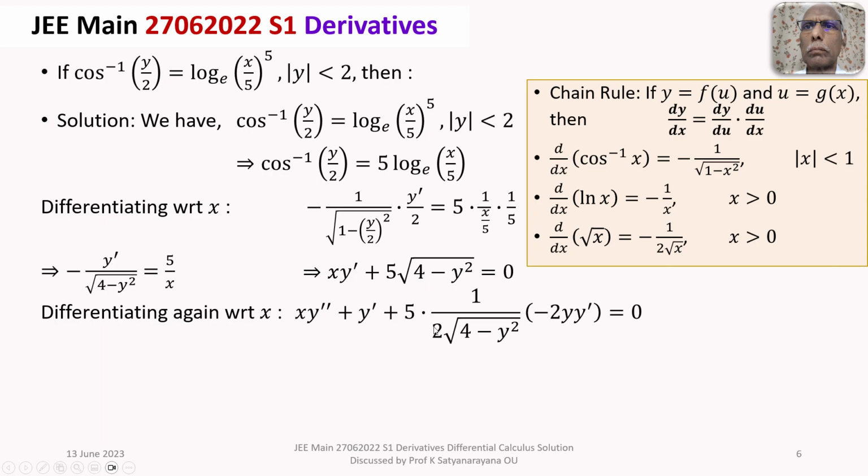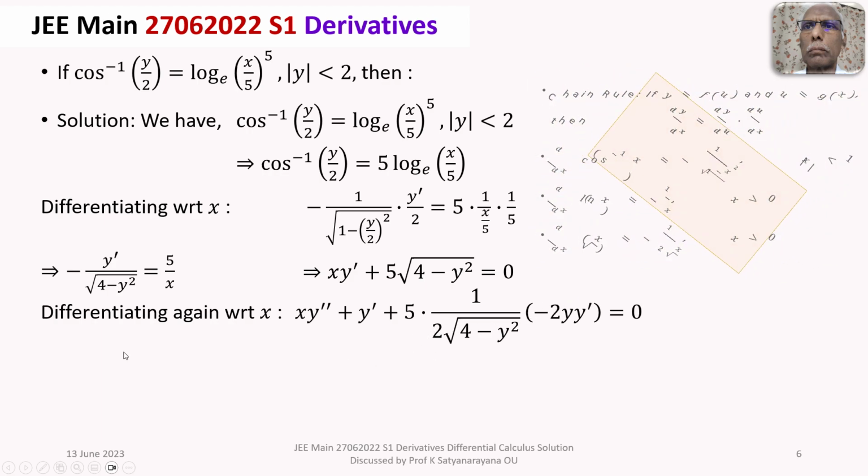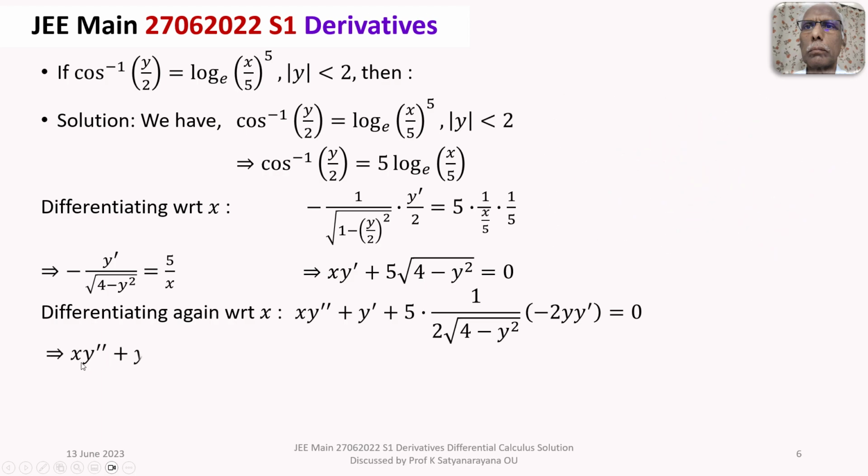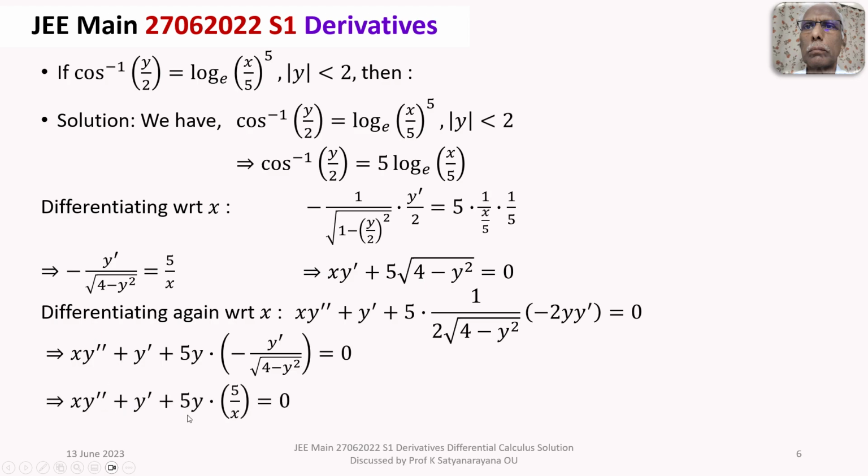So 2 cancels and we adjust the terms, then you will get x y double prime plus y prime plus 5 times y into minus y prime by under the square root of 4 minus y square. And you see this minus y prime by under the square root of 4 minus y square is here, and the value is 5 by x. So for this we substitute 5 by x. So x y double prime plus y prime plus 5y into 5 by x.